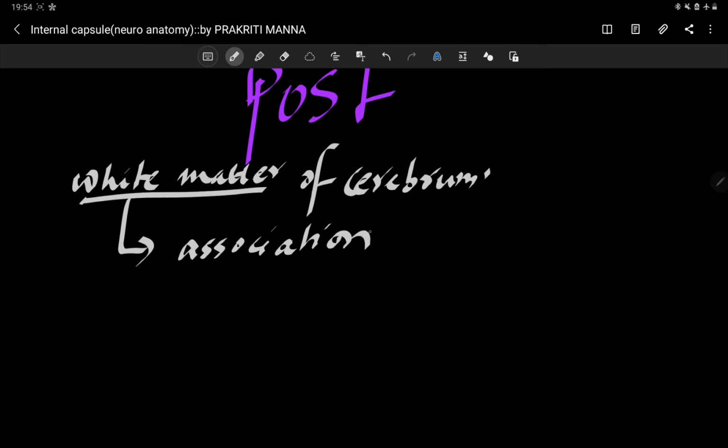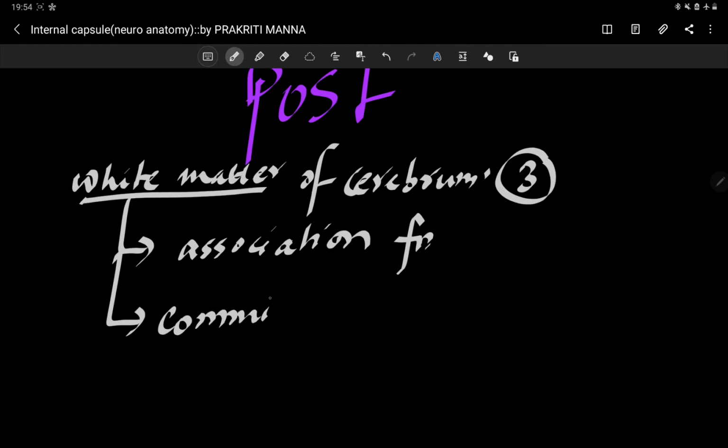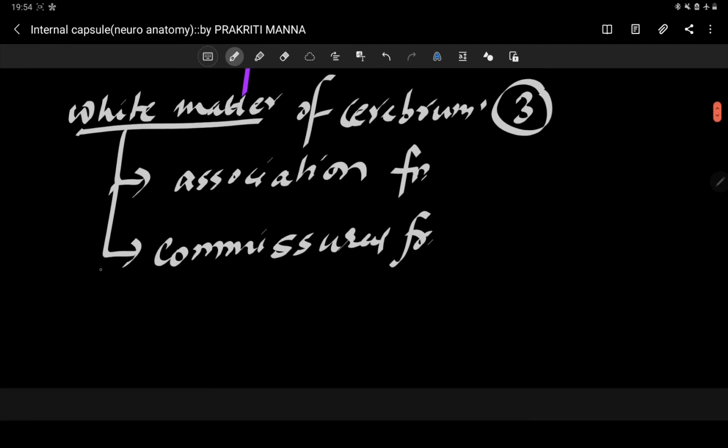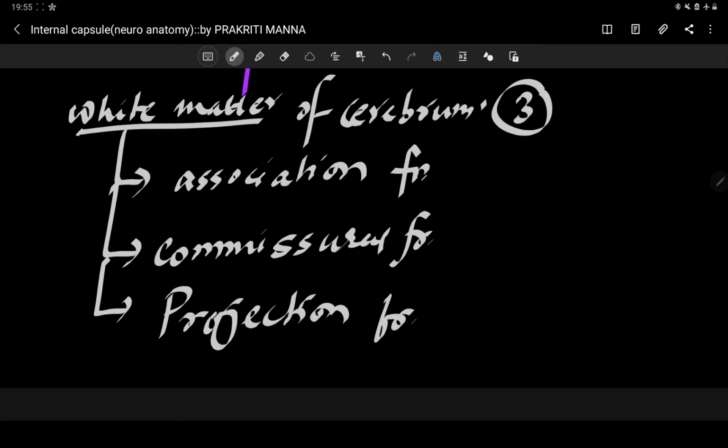One is association fibers, second is commissural fibers, and the third type is projection fibers. So the internal capsule is a projection fiber.